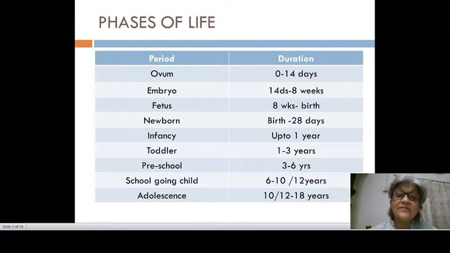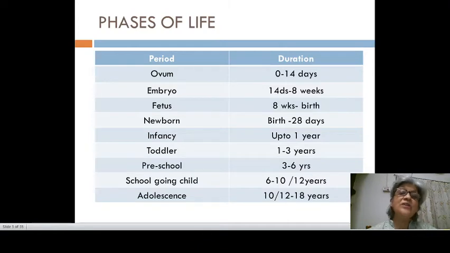At birth starts the newborn period, which continues up to 28 days. Then from then to 1 year of age is infancy. After that comes the toddler age, that is 1 to 3 years. 3 to 6 years is preschool, 6 to 10 or 12 is the school-going age, followed by adolescence.